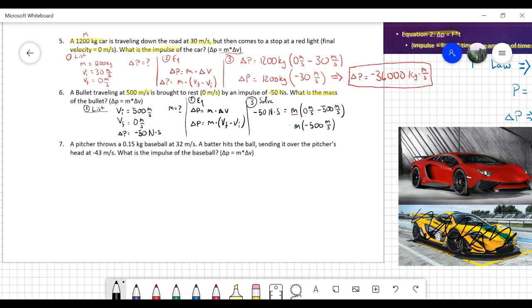I'm going to multiply that by m, and our impulse stays the same because nothing has happened on this side of the equation yet. So we need to get mass by itself. We're multiplying mass by this number. If they're being multiplied, the way to get the m by itself is by doing the opposite of multiplication, which is division. So we will divide both sides of the equation by this number.